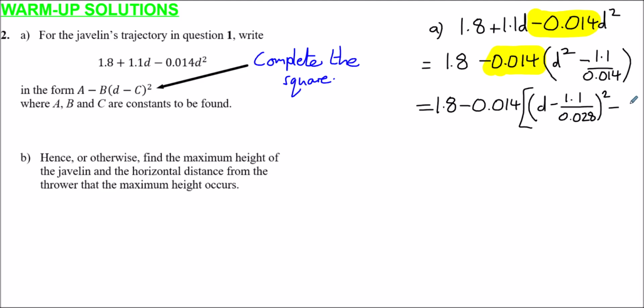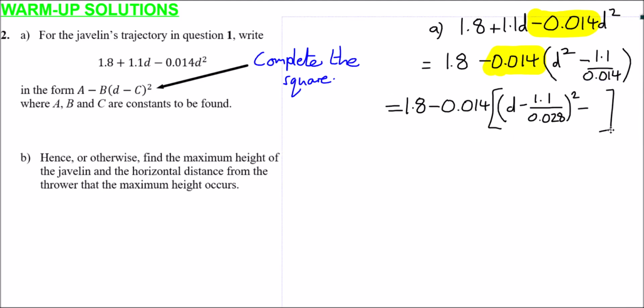We square all that, and then what we need to do is, I've not left myself enough space again, because I never do. I think I'd learn, but never mind, I'll stop complaining. So then what we need is to subtract away 1.1 over 0.028 all squared.